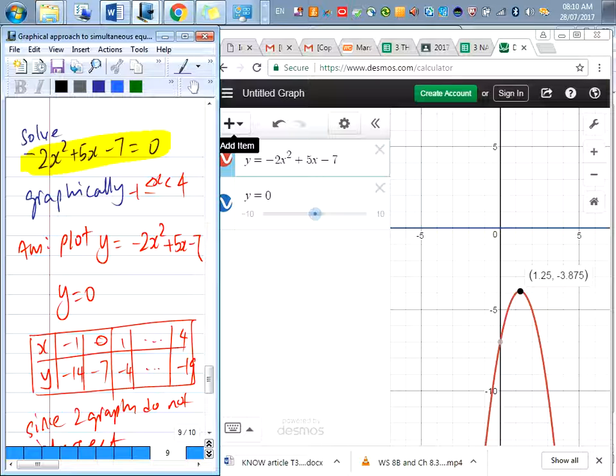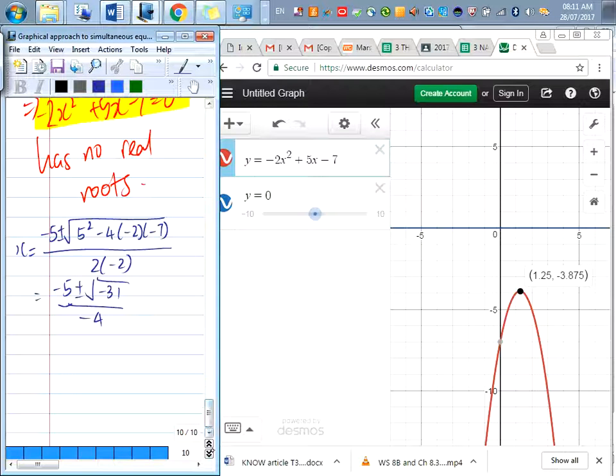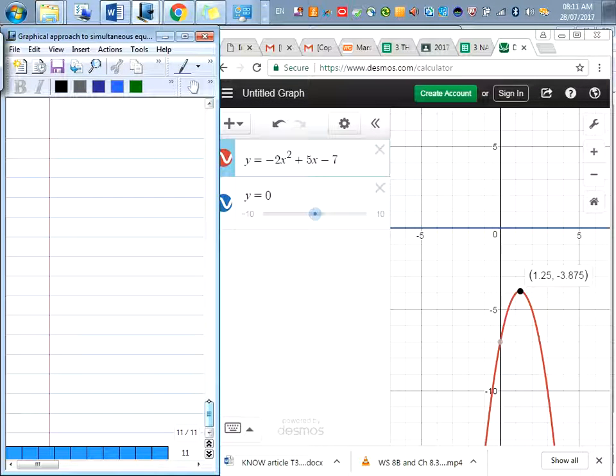Okay, let us go to example number 9. Draw the graph of y. So these are the types of questions they can ask you.